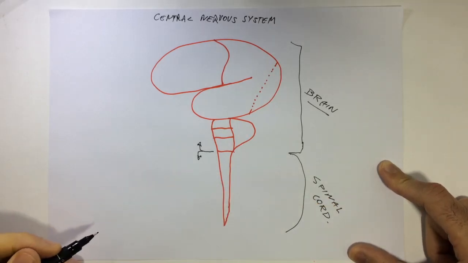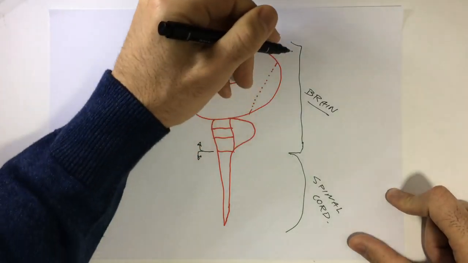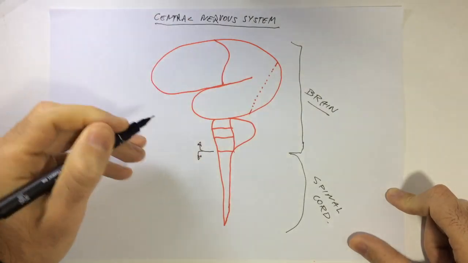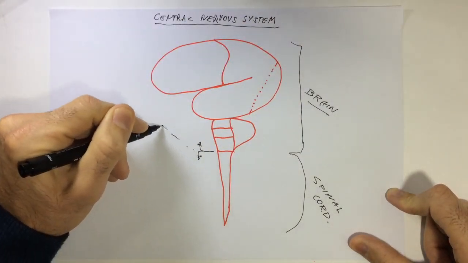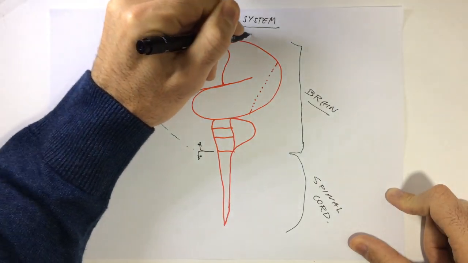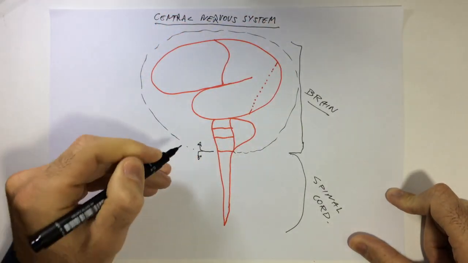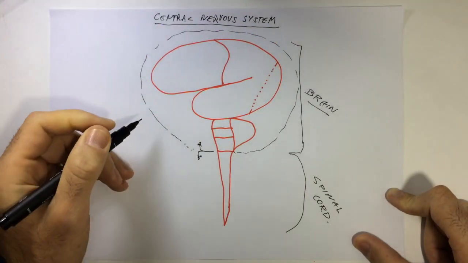And I think the main idea is that the brain is the part of the central nervous system that is inside the skull. So here we can imagine that we have the skull. And the spinal cord is the part of the central nervous system that is outside the skull.